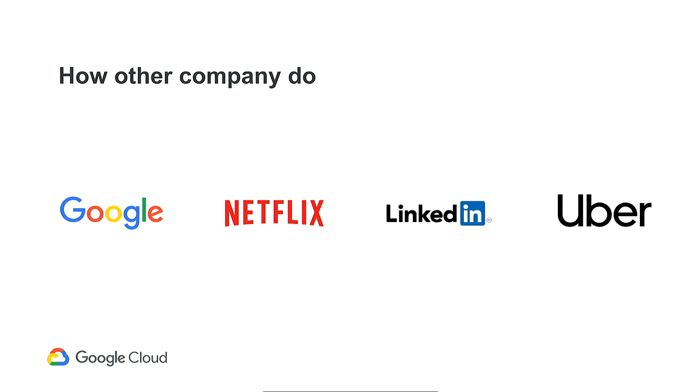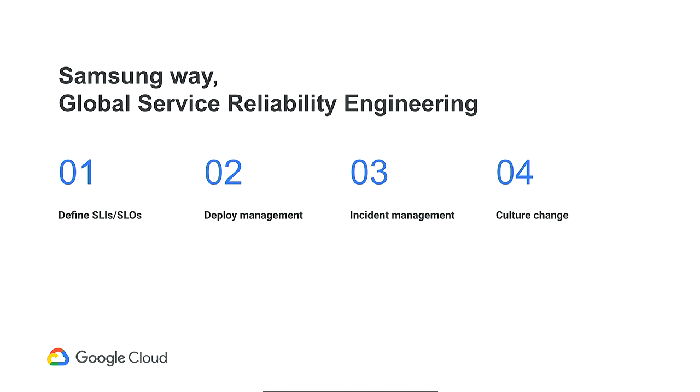So if there's a developer who's trying to push something into production, that person is supposed to know how to troubleshoot those issues, not the operation engineers. We really liked that notion of the movement. So we came up with our own version of SRE. We call ourselves global service reliability engineers, and we break it down into different areas of implementation.